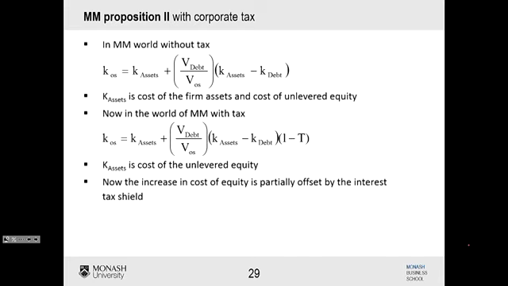And you're going to find out here is the cost of equity in a levered firm is not increased that much compared to cost of equity in a no-tax world. I put it here: cost of equity in the levered firm without tax.